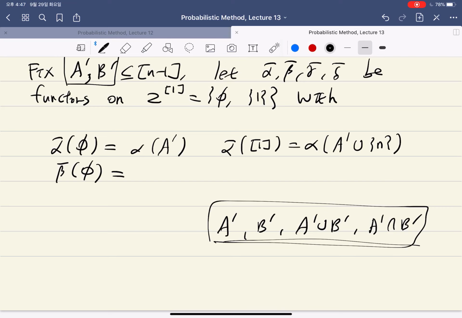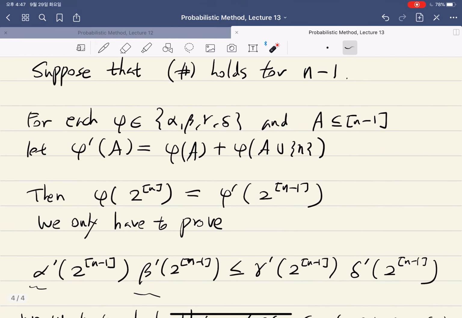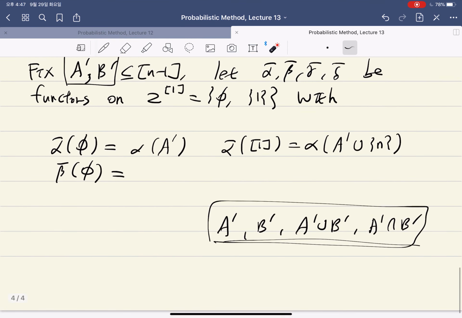And for this alpha prime and beta prime, gamma prime, delta prime, its value is actually the summation of these two functions, its values on these two sets, A and A union n.